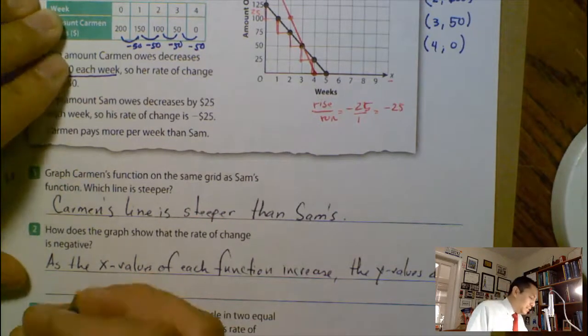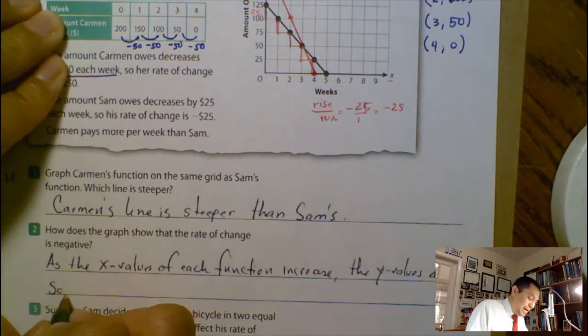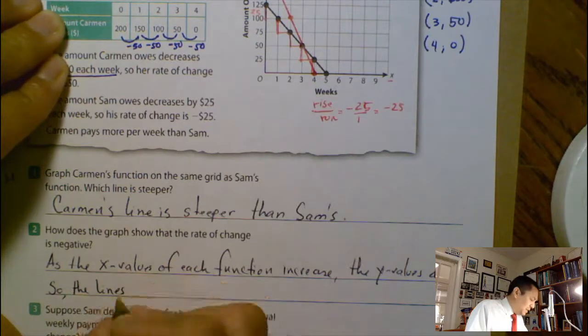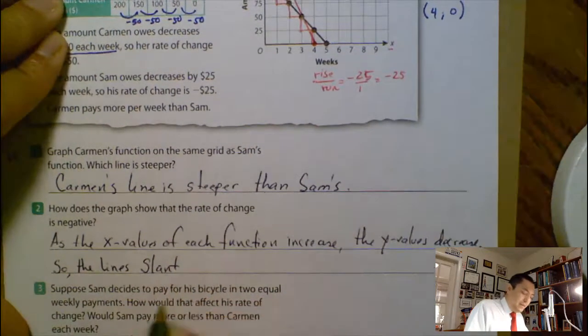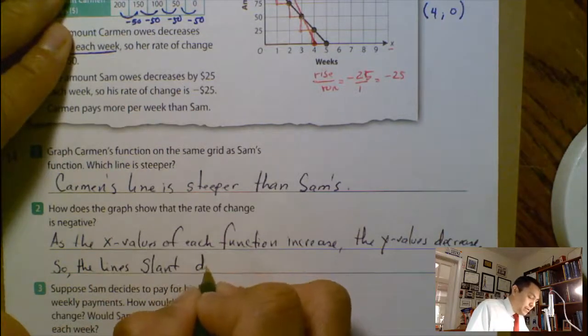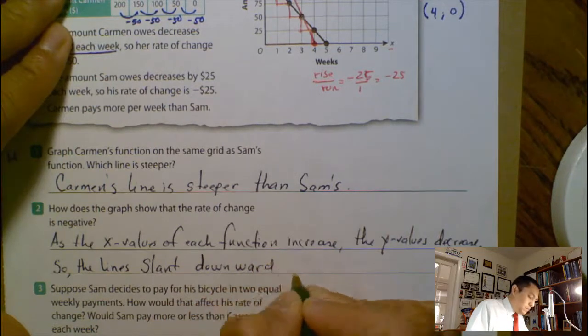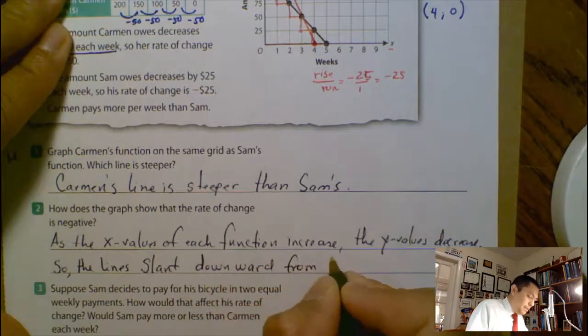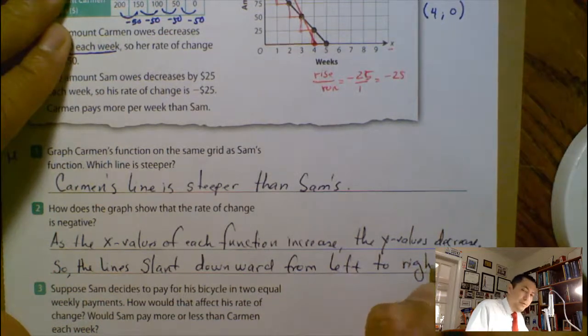So in this case, the lines slant downward from left to right.